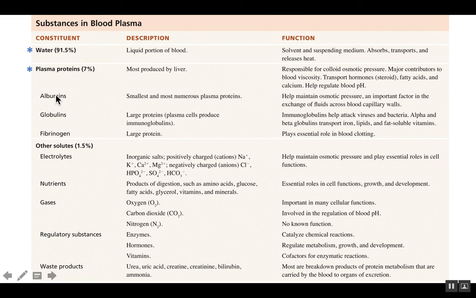Albumins being the most abundant, globulins being mostly made up of immunoglobulins, which are antibodies, which can attack viruses and bacteria. And then finally, fibrinogen, which acts in your blood clotting mechanism. Other solutes, such as electrolytes, nutrients, gases, regulatory substances like enzymes, hormones, and then finally waste products produced by cells.